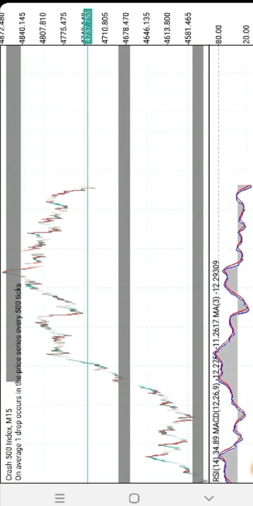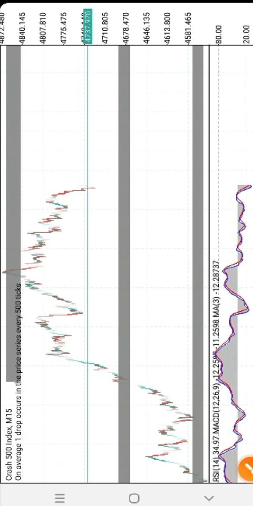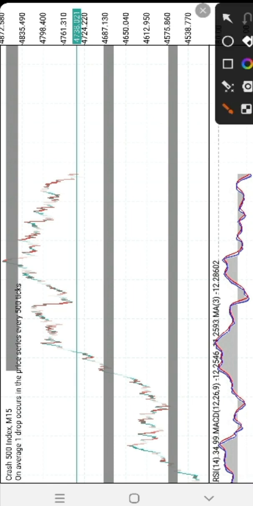So now all I'm waiting for is the market to come down to this point. And when it reaches this area of value, what I'm waiting for is here. If the market bounces from this zone, I'm waiting for it to go back all the way to this upper zone right there. Remember, I go to the lower time frame because I want to make a bigger risk to reward ratio.